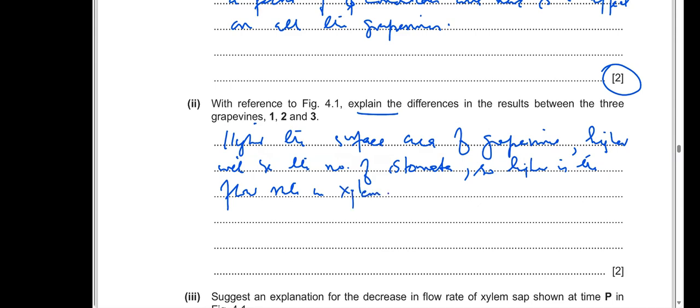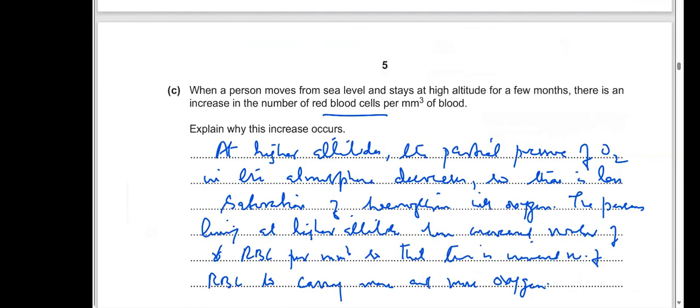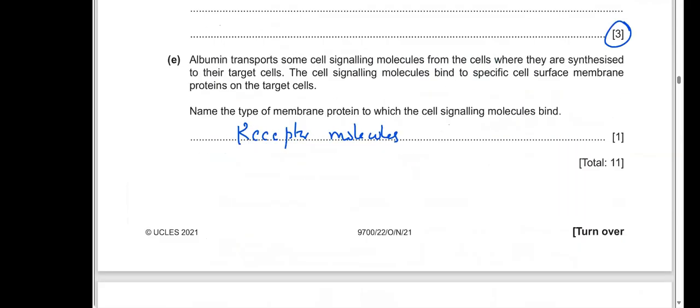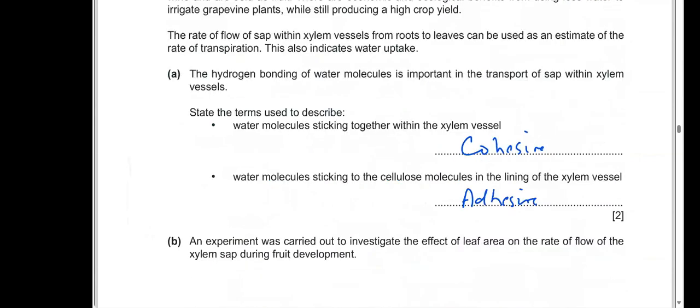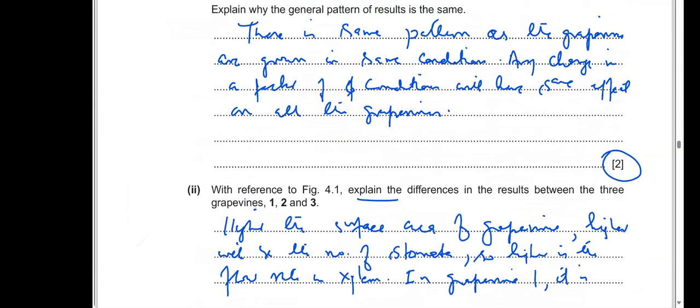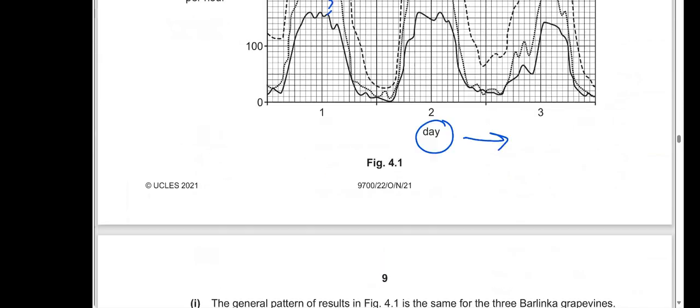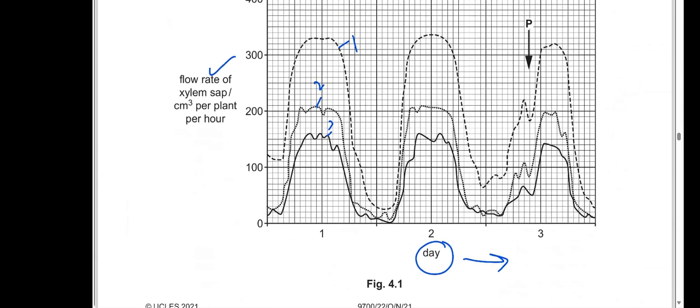So we can say in grapevine 1, the maximum flow rate is around, so in the one we have the maximum flow rate here.